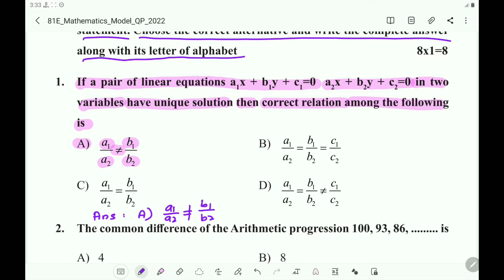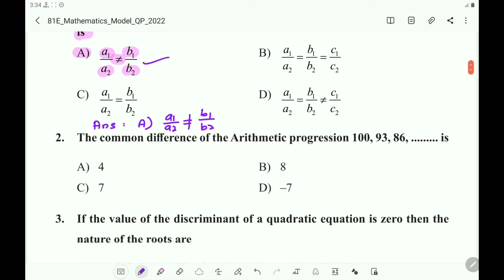You know that if a1/a2 = b1/b2 = c1/c2, they are having infinitely many solutions. If a1/a2 = b1/b2 is not equal to c1/c2, no solutions. So here, if there is unique solution, then what is the answer? a1/a2 is not equal to b1/b2.